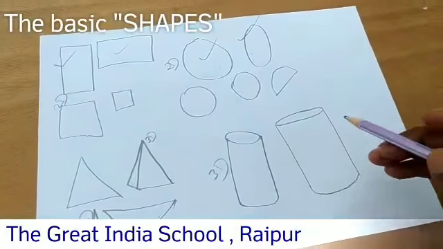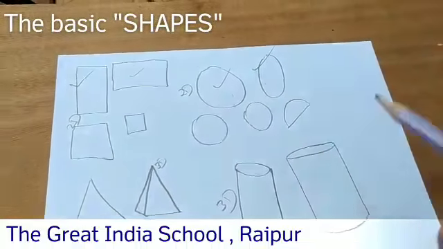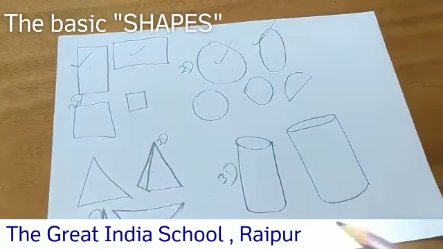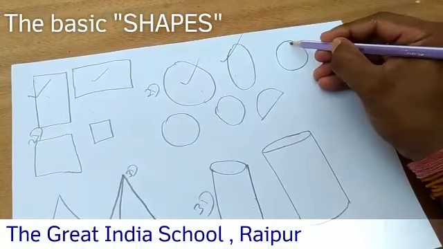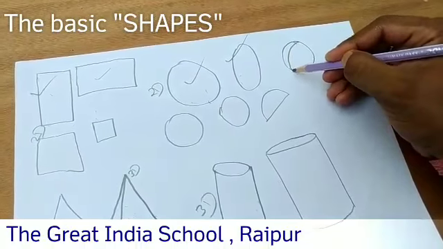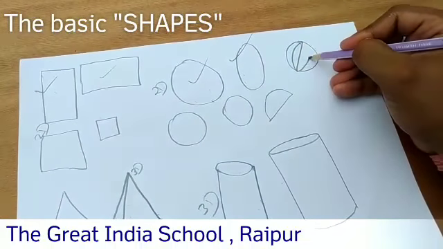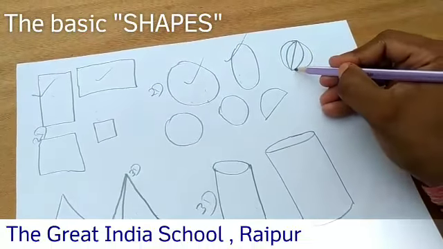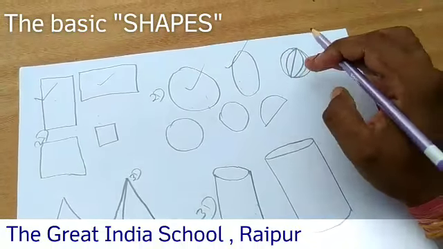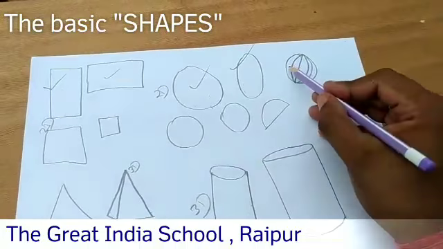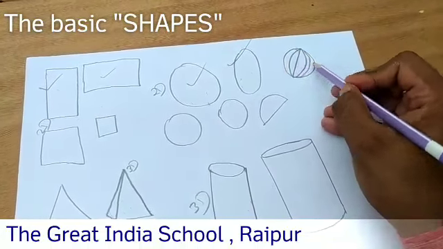So in a circle, what do we use for the 3D form? In a circle, we make a 3D form by adding these lines. See, by adding this curve, the circle becomes a ball kind of shape.